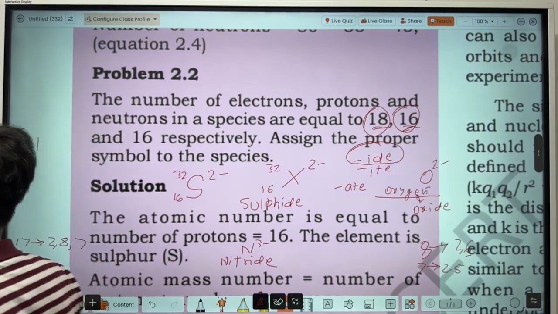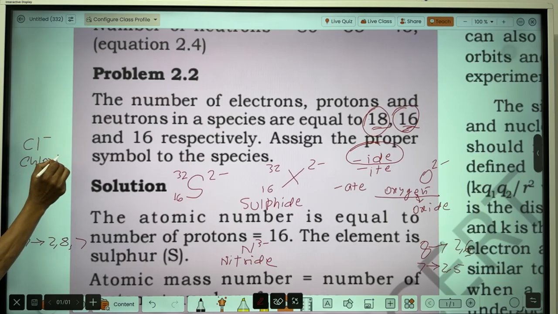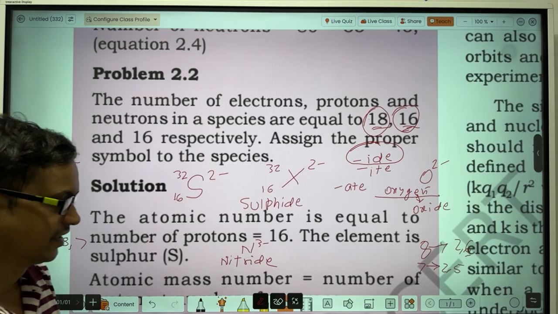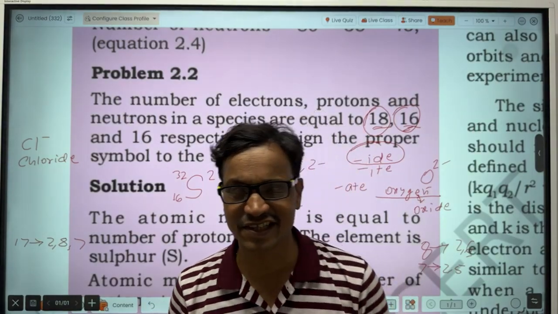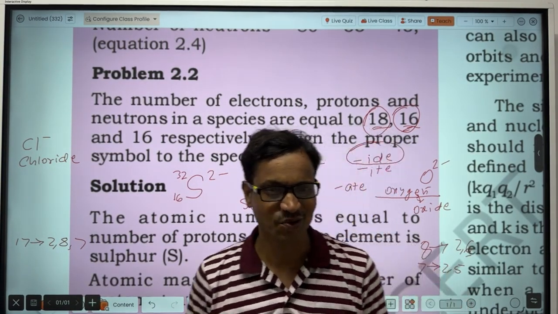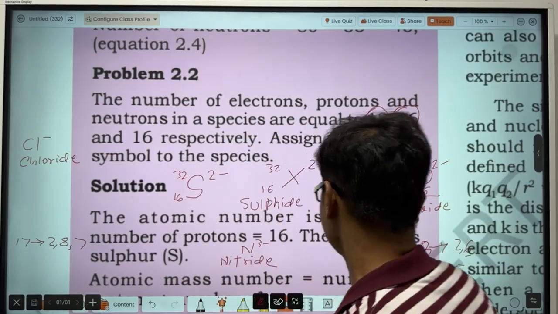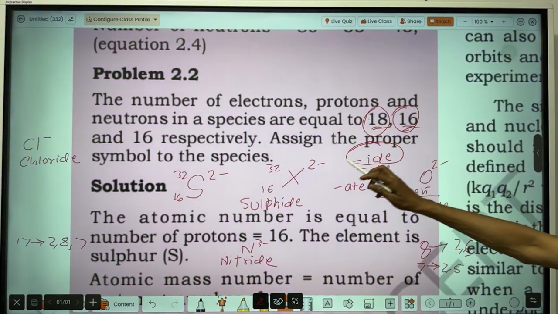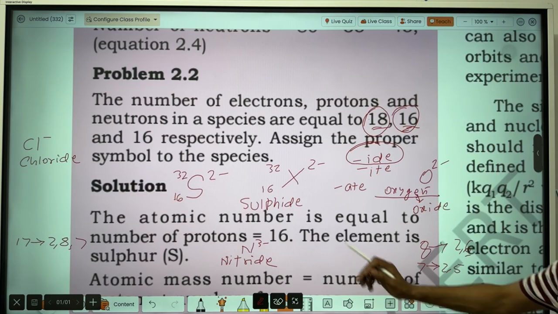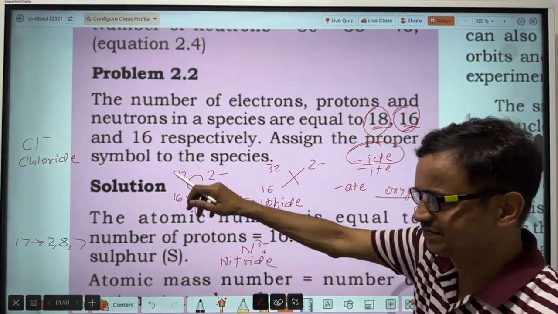So if there is 1 negative charge on the chlorine, we simply say chloride. In the same way, bromine gives bromide, and phosphorus gives phosphide. So we use "ide" when the negative charge is directly on the non-metal atom.